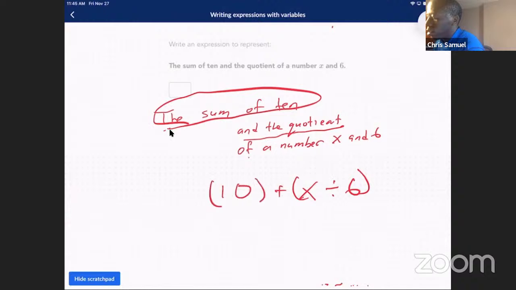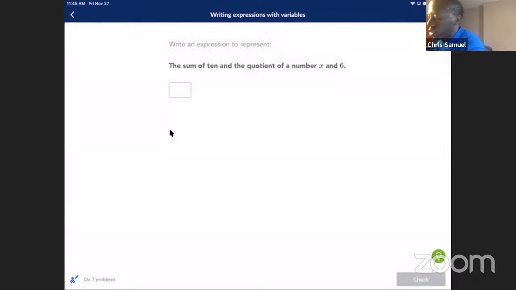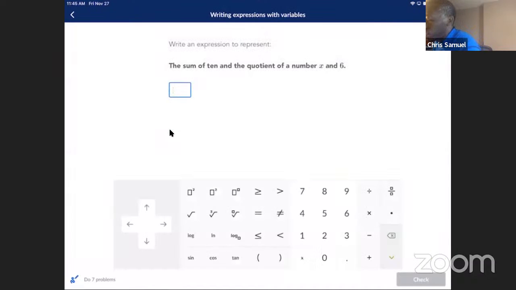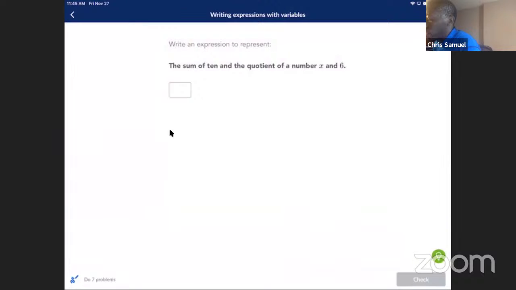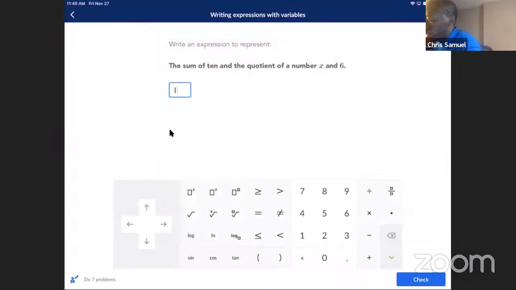So this is basically what I'm thinking. The sum of 10 plus the quotient of this. Like, the sum equals 10 plus x divided by 6. That's what I'm trying to get at. So this is write an expression to represent the sum of 10 and the quotient of x and 6. So we would basically say 10, and we can even put this in parentheses, because we're not actually going to do the problem. And then we have another one, x divided by 6, like this.